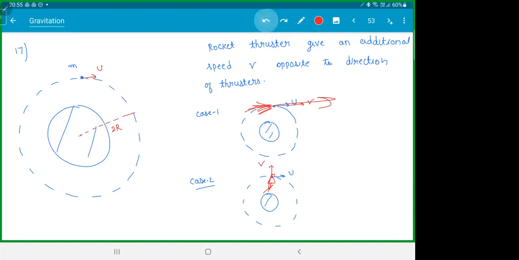Basically in case 1, the rocket gives a tangential velocity. So tangentially you increase, so the speed becomes u plus v. In case 2, the rocket gives velocity radially, meaning away from the center.